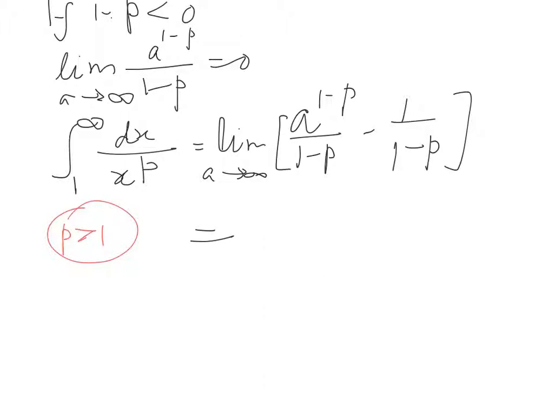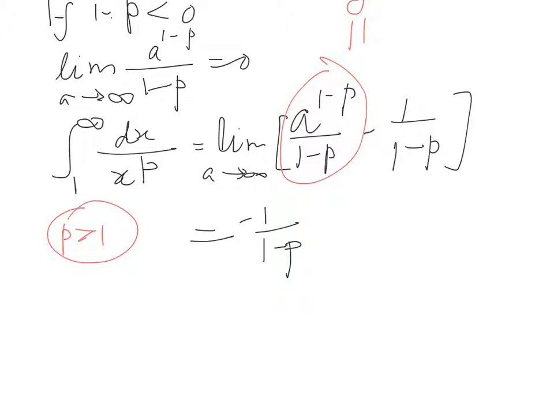This part is 0, and therefore we get that this is equal to negative 1 over 1 minus p, and hence the limit exists.